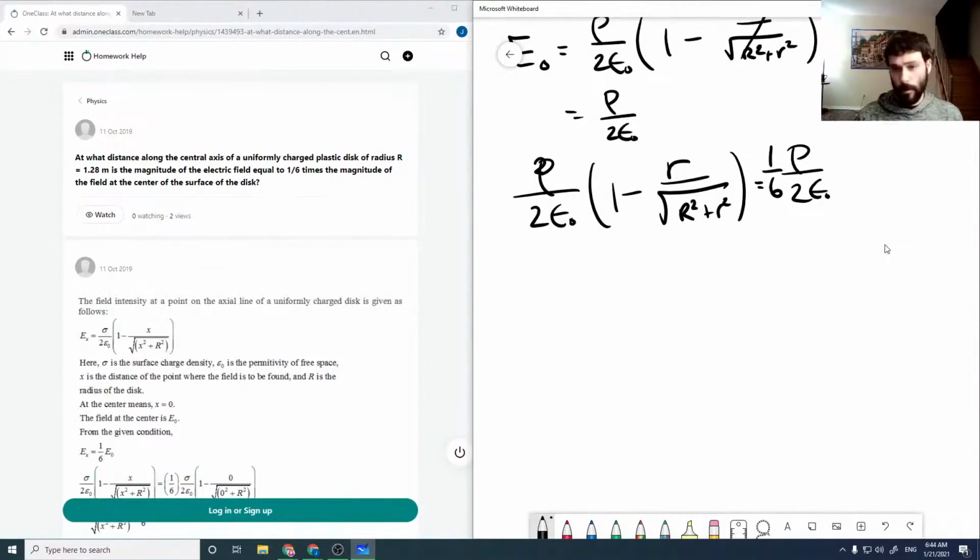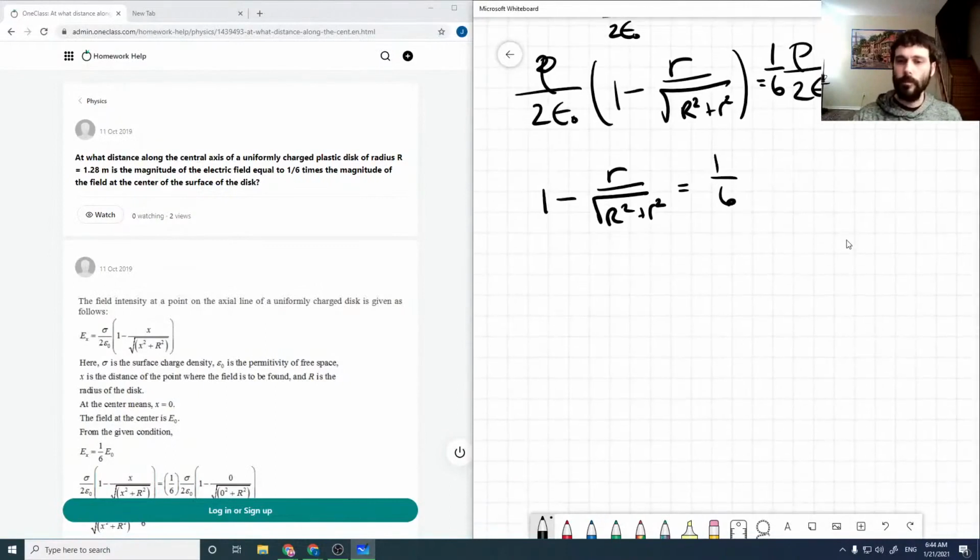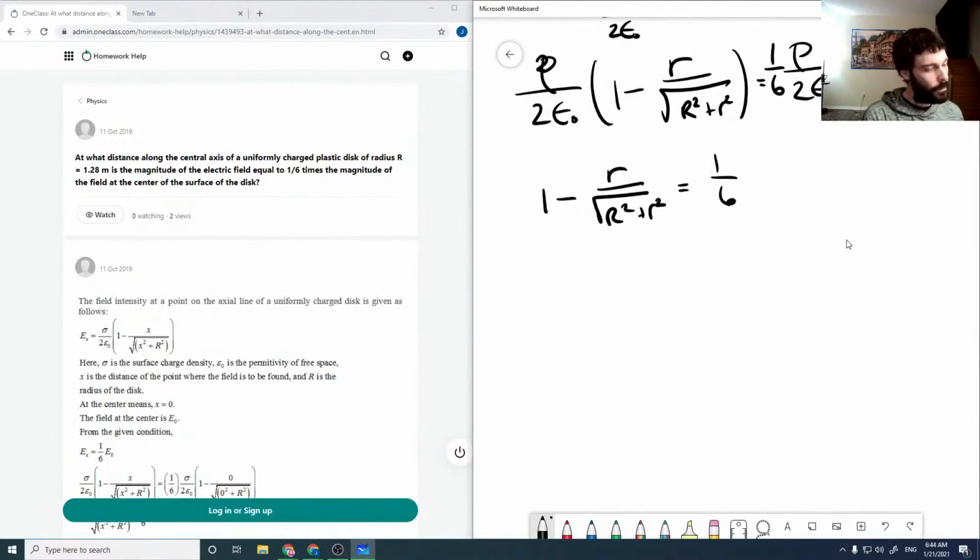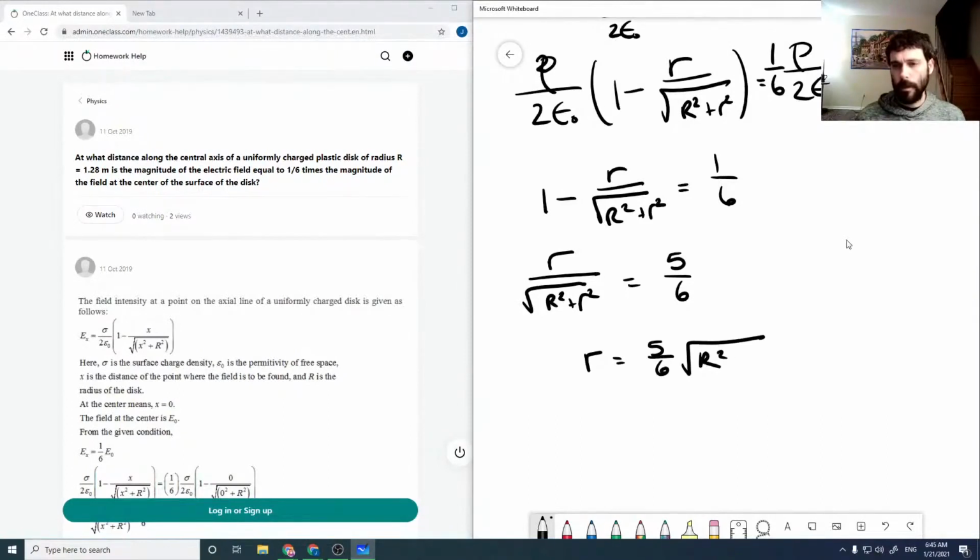So then we're looking for where 1 minus R over root R squared plus R squared is equal to a sixth, or rearranging, R over root R squared plus R squared is equal to 5/6, or R equals 5/6 root R squared plus R squared, squaring both sides.